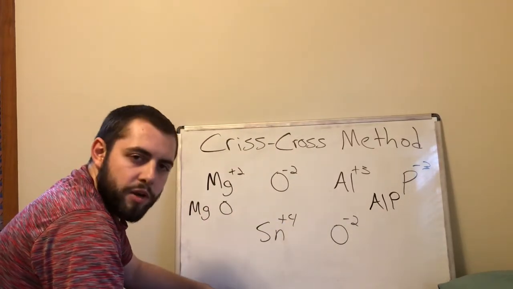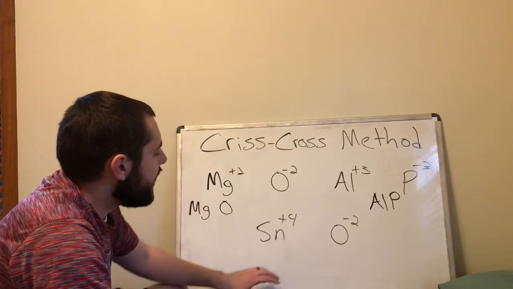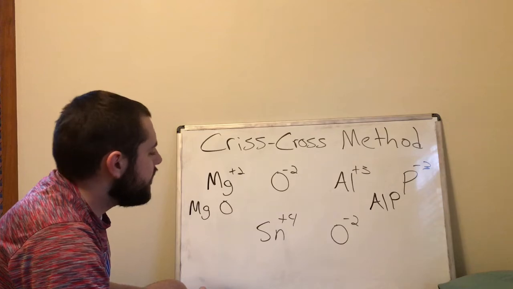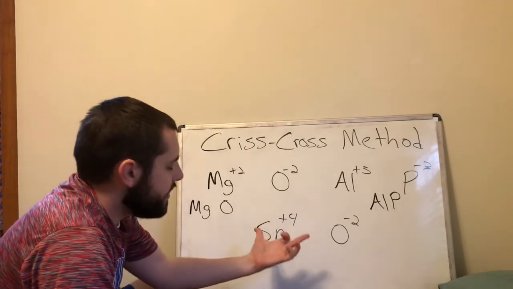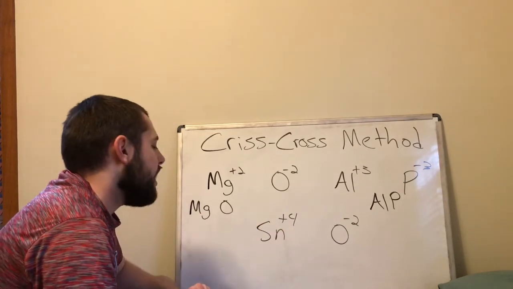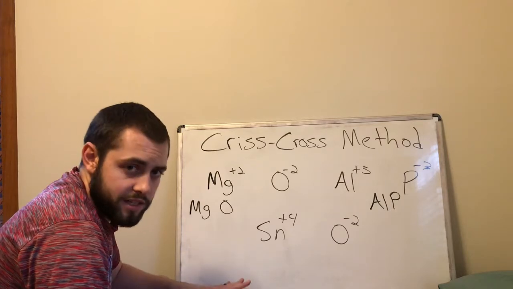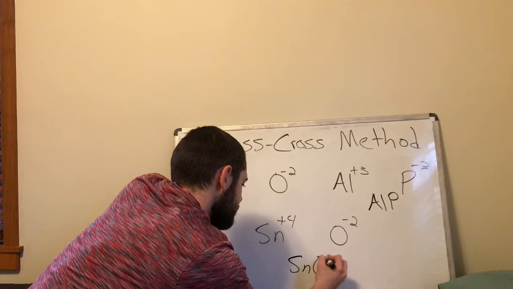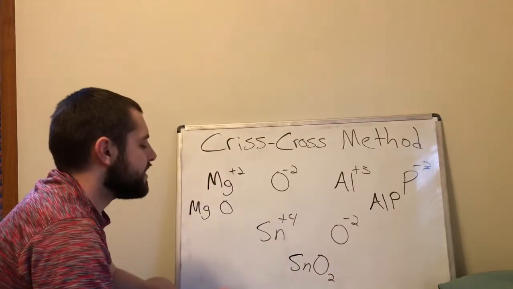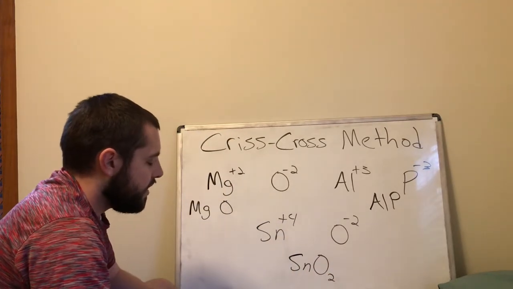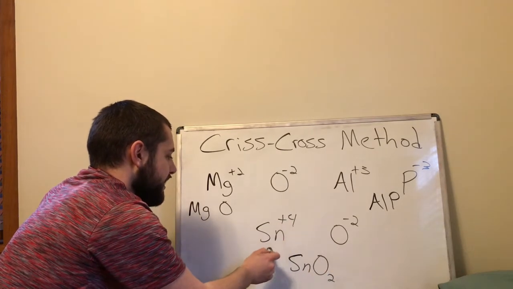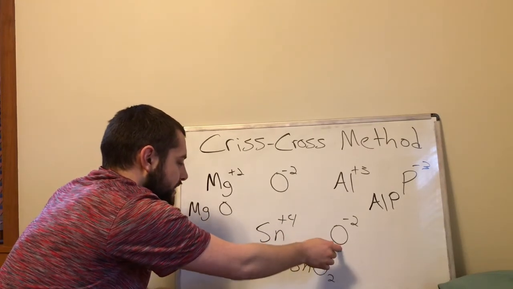One of the last cases when it won't work, if we've got a +4 charge and a -2 charge. These are both even numbered charges, so crisscross is not going to work this time either. Instead, I'm going to say that this is SnO2, tin-4 oxide.